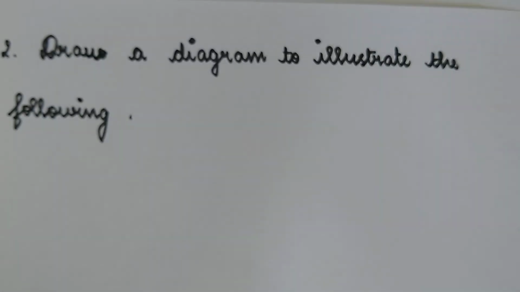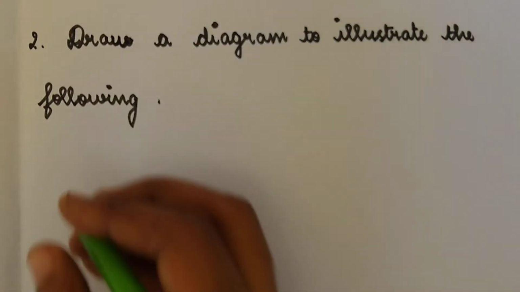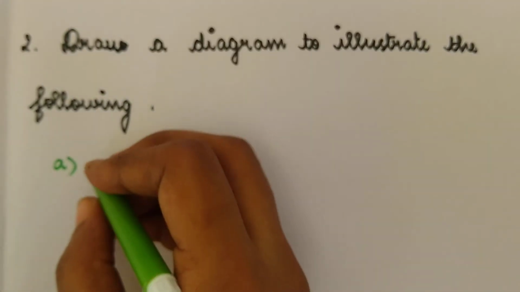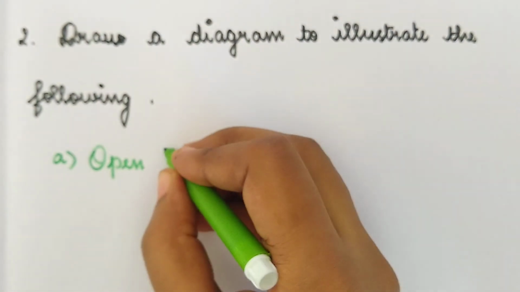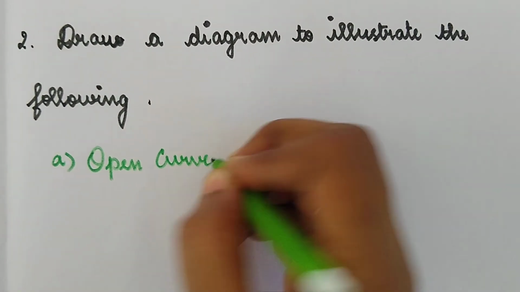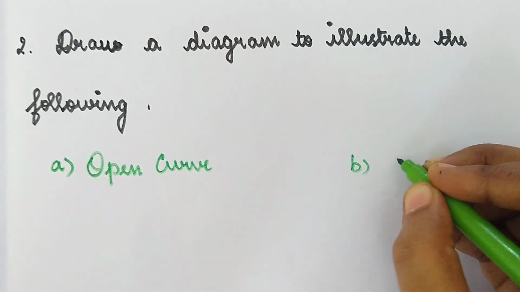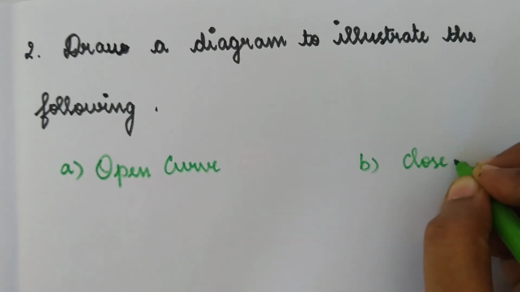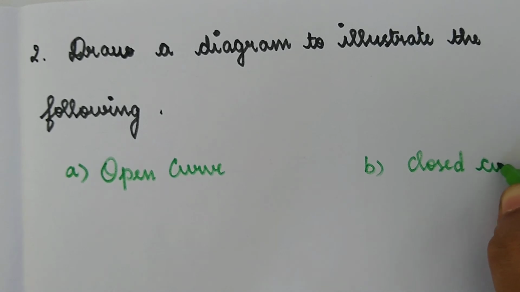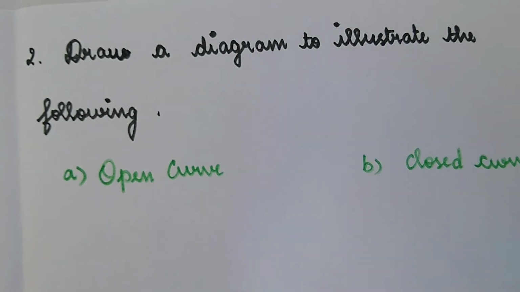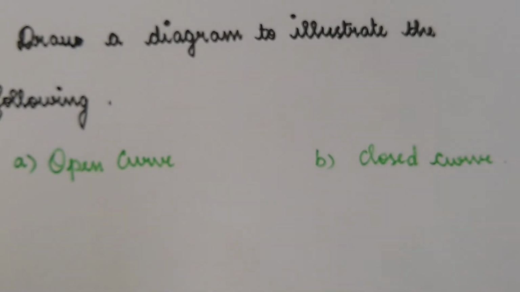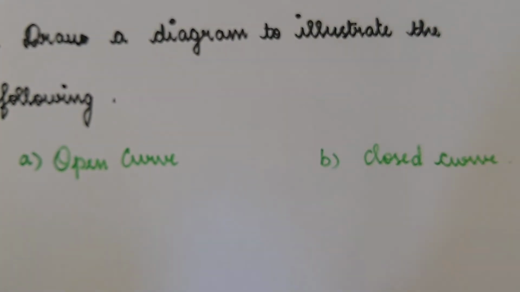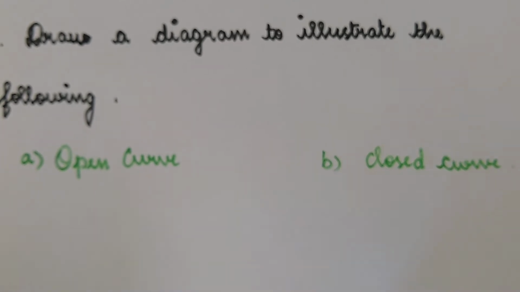It has two subdivisions. Subdivision A is open curve. Subdivision B is closed curve. So we have to draw a diagram in order to show an open curve and a closed curve.